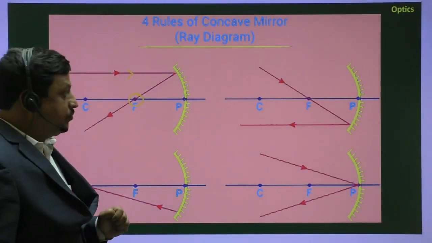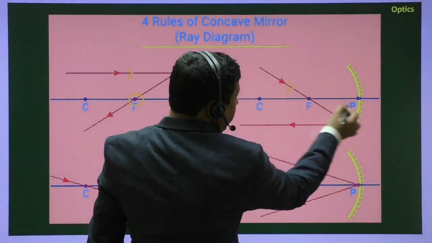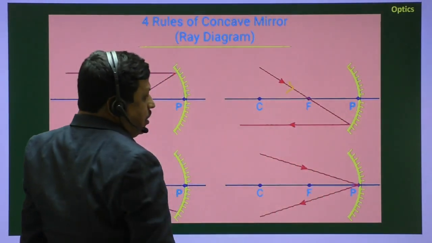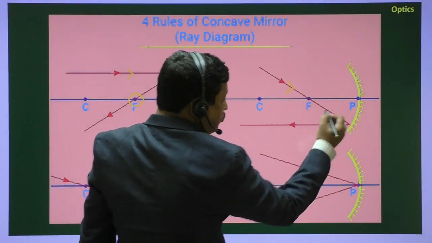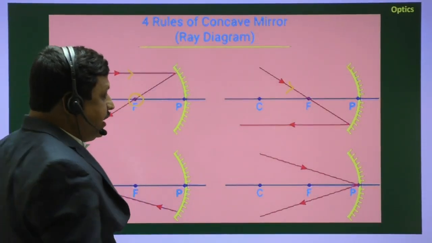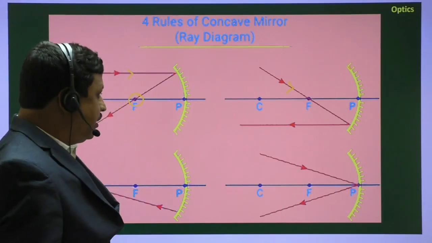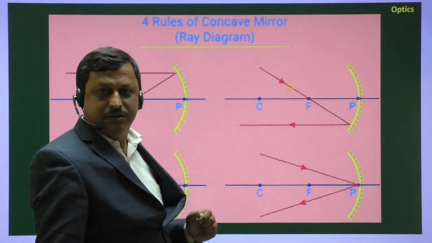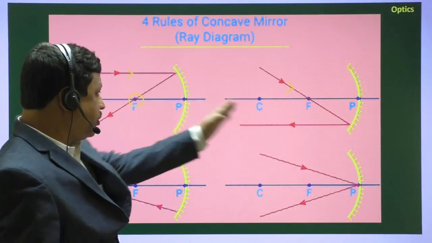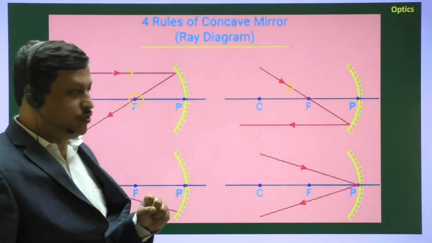Second case, if a ray is incident on a mirror through the focus point, then after reflection it will be parallel to the principal axis. Just the reverse of these rules. The second law and the first law are reverse rules.